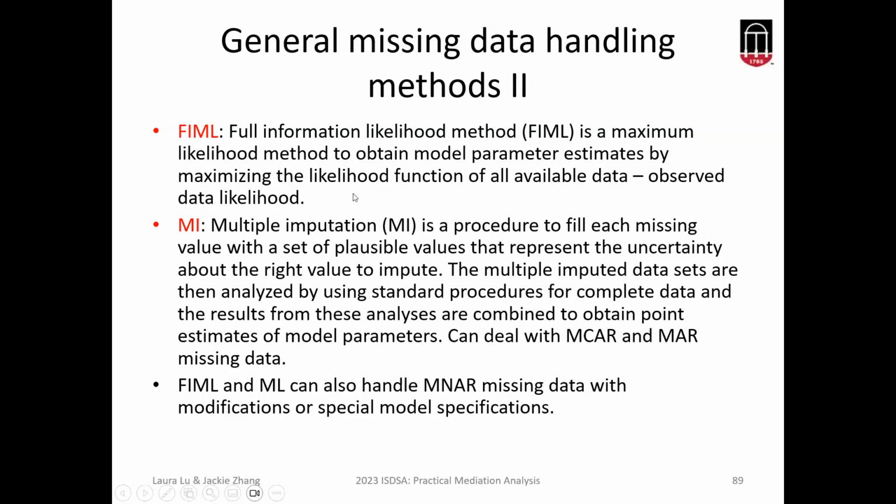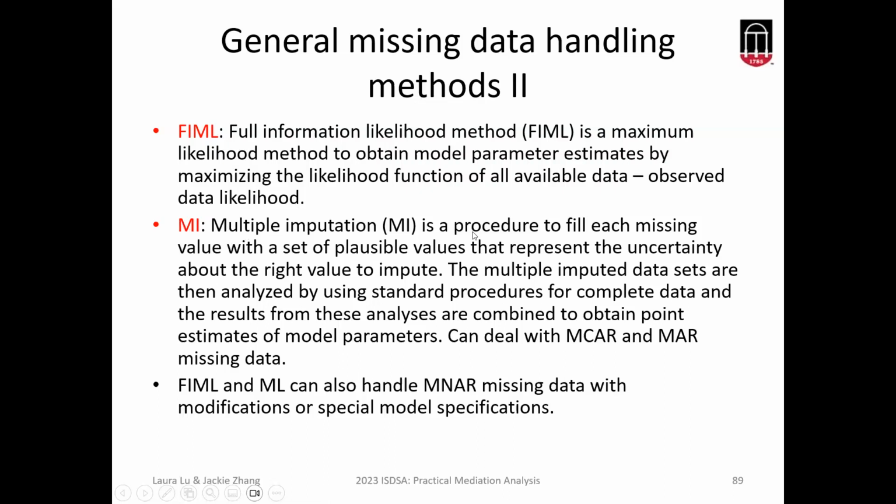The details of this method involve the likelihood function of all observed data points, and then we can use the EM algorithm to do the estimation of the statistics, the parameters.